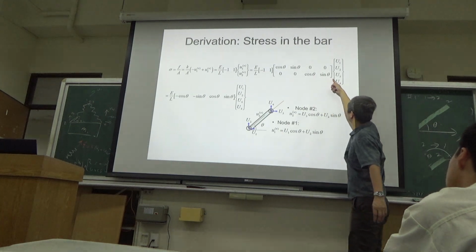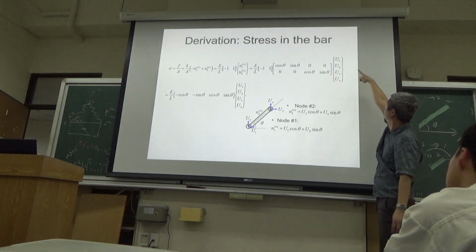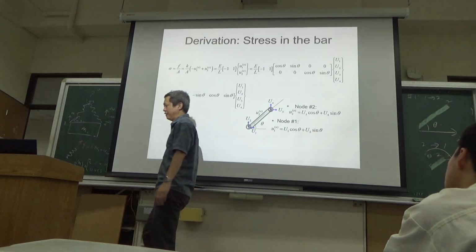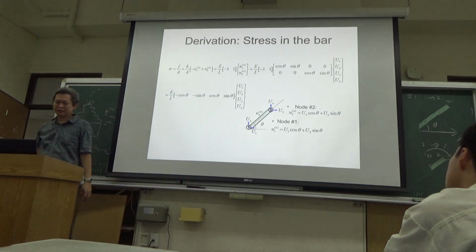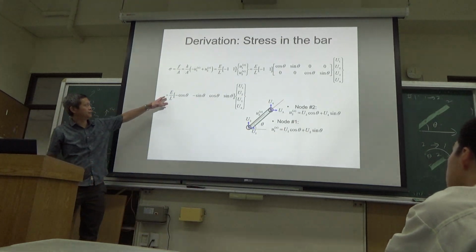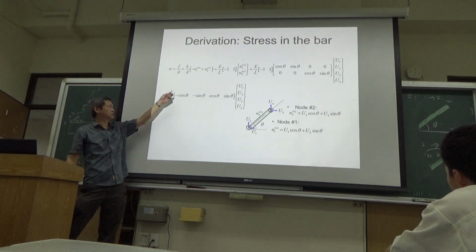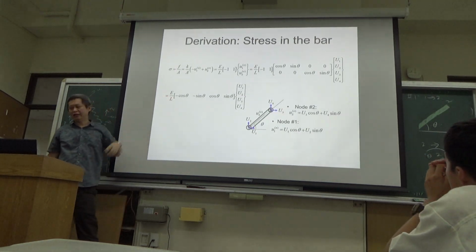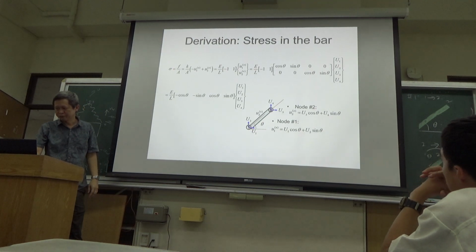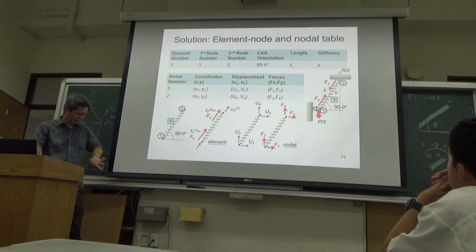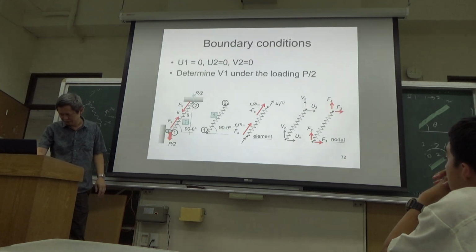By rotation, we obtain displacement in the x and y direction in the global coordinate. And likewise, after simplifications, you finally obtain the stress is equal to E over L. Okay? So yeah, please go back and try it out.